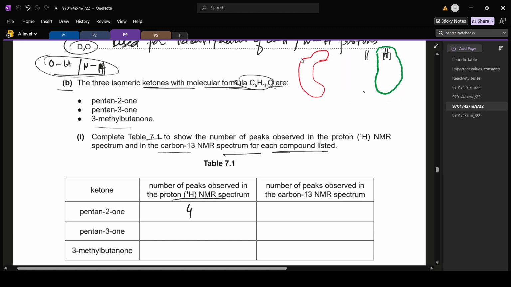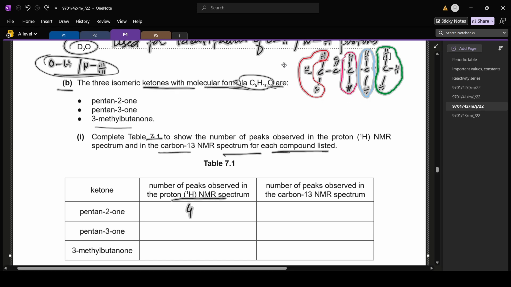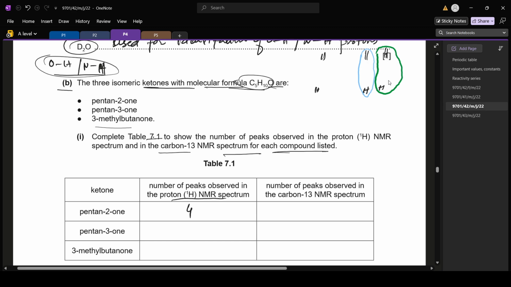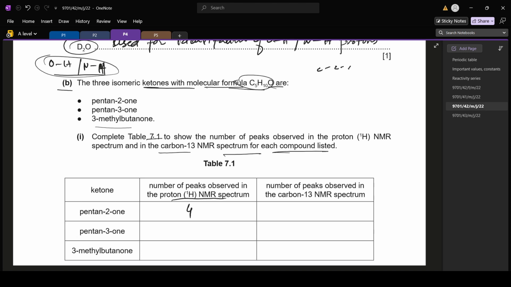Sorry, let's redraw pentan-2-one for this carbon-13 environment.